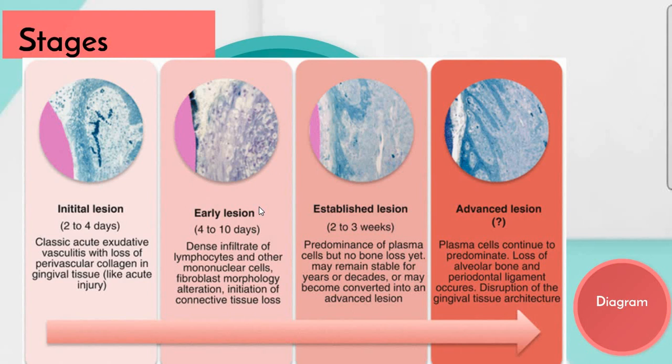There will be redness, mainly owing to the proliferation of capillaries and increased formation of capillary loops between rete pegs or ridges, and bleeding on probing may also be evident. So here there will be proliferation of capillaries, the gingiva will be more erythematous, with more redness, and the signs of bleeding may appear during 4 to 10 days.